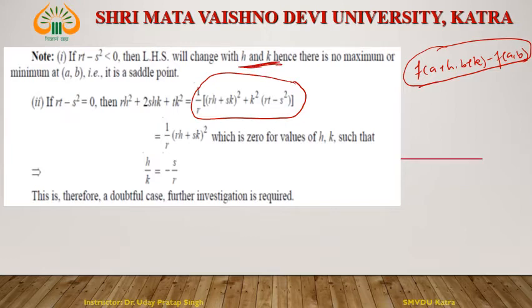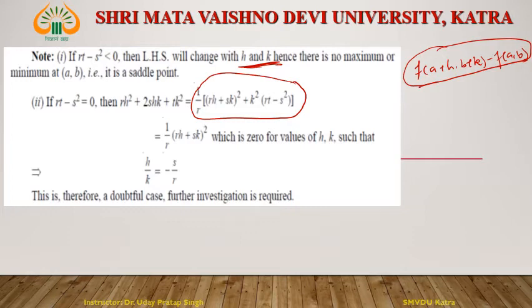Why? See this thing, rh plus ks is positive, k square is positive, and rt minus s square is less than 0.